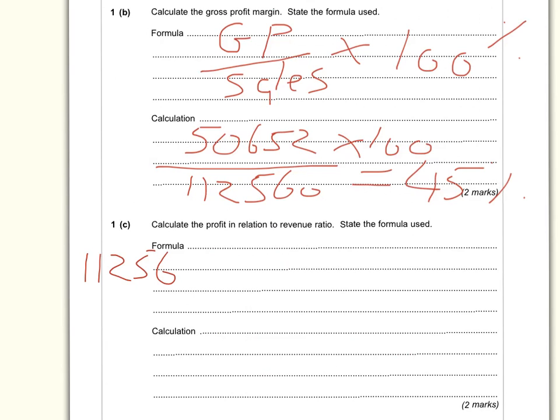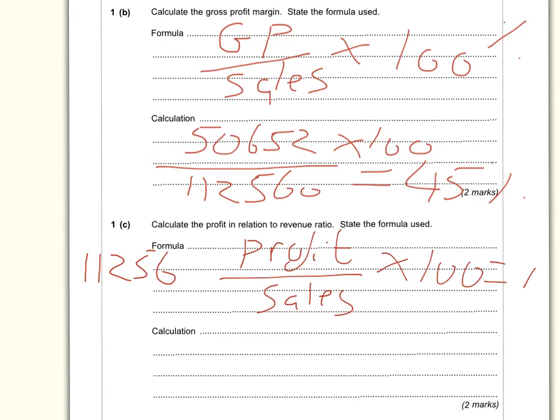So, to work out the net profit margin, or the profit in relation to revenue ratio, it's very similar to that for the gross profit margin, but we just use the profit for the year figure divided by the sales and again we multiply it by 100, which is going to give our answer as a percentage.